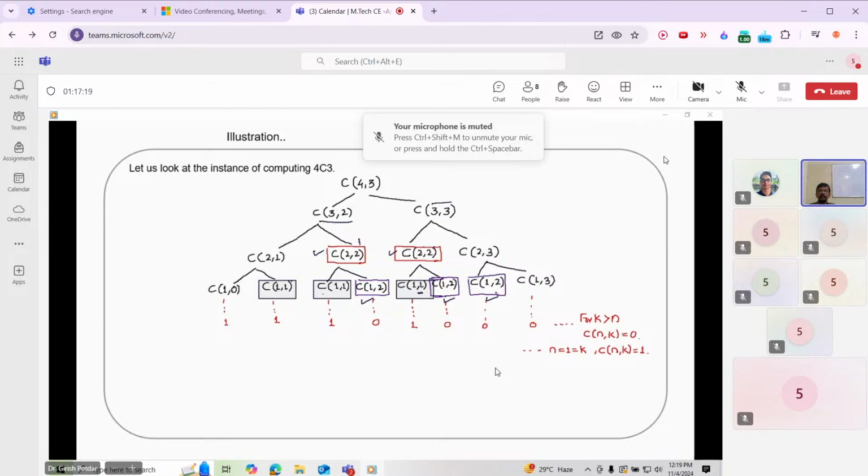So what we can do is, instead of that, if I memorize this answer, when you memorize this, when you are solving this sub problem, what is the main problem? This is a main problem. This is a sub problem. You have broken it, and this you have already found. I will memorize.